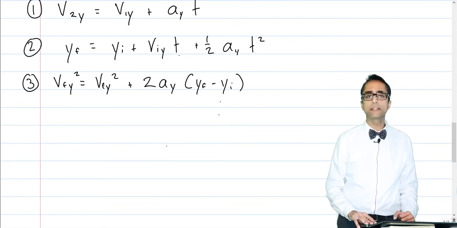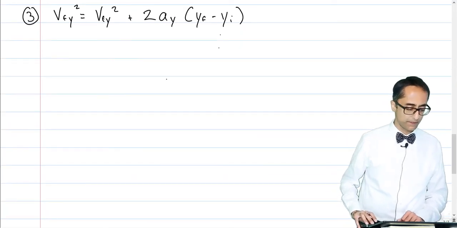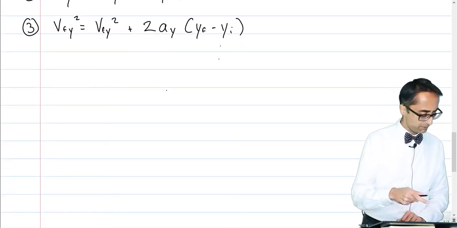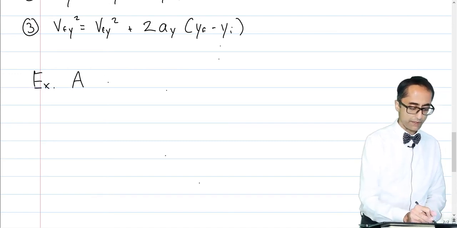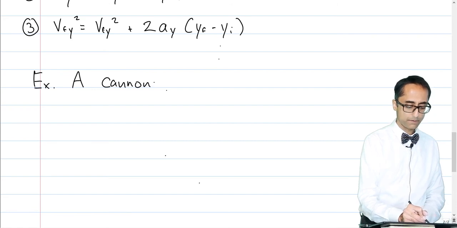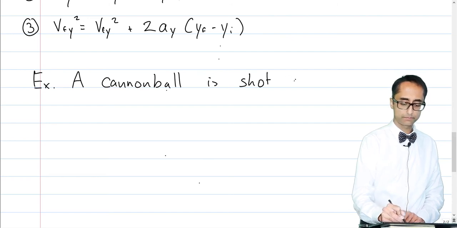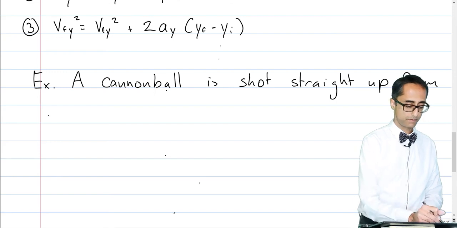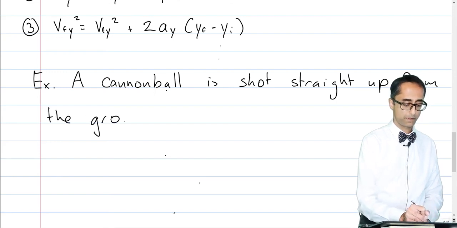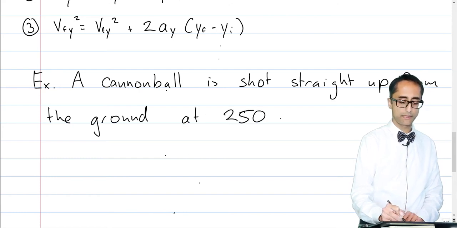And so let's jump in with a relatively straightforward question to get us started. Let's say we've got ourselves a cannonball, and we're going to shoot it straight up from the ground with a speed of 250 kilometers an hour.